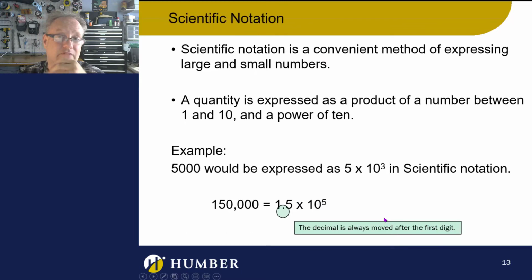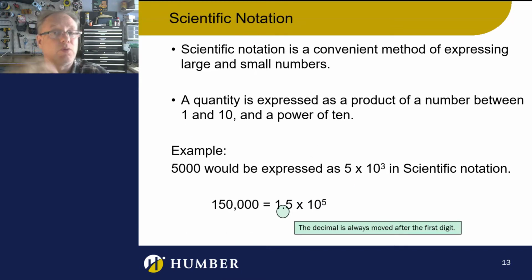We'll just unpack a few of these as we go. Scientific notation and then engineering notation. We'll look at both of these. I want to define the difference between them because we have to learn to use engineering notation. We can't use scientific notation because we can't put a metric prefix to it. So scientific notation, and engineering notation as well, is a really convenient way to deal with really big numbers and really small numbers.